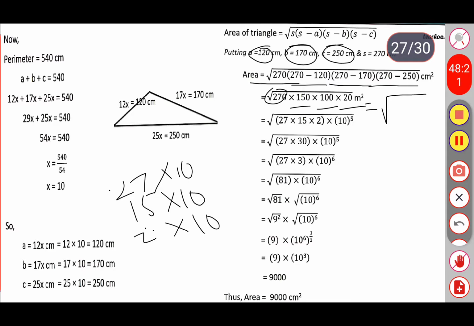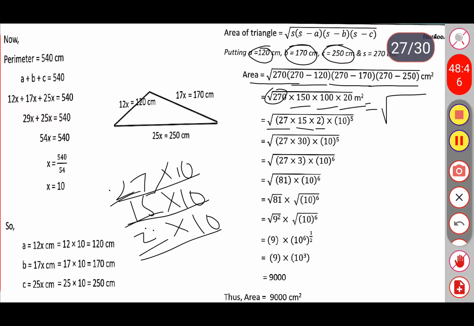Here what we will get? 27, 15 and 2. So 270 can be written as 27 into 10, 150 as 15 into 10, and 20 as 2 into 10. Here 27 into 15 into 2 into 10 raised to 5.